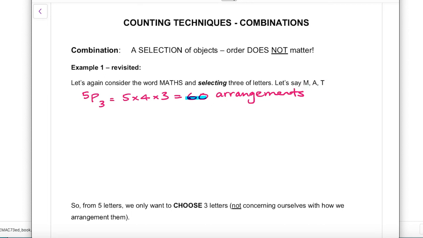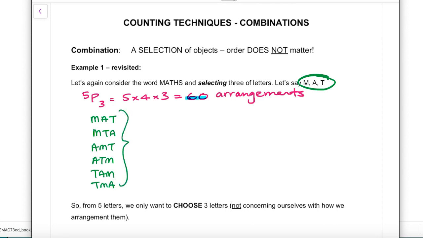Just with those letters M-A-T, we would have M-A-T, we could have M-T-A, we could have A-M-T, or A-T-M, or T-A-M, or T-M-A. So just with those 3 letters, we've got 6 different ways that we can arrange them.